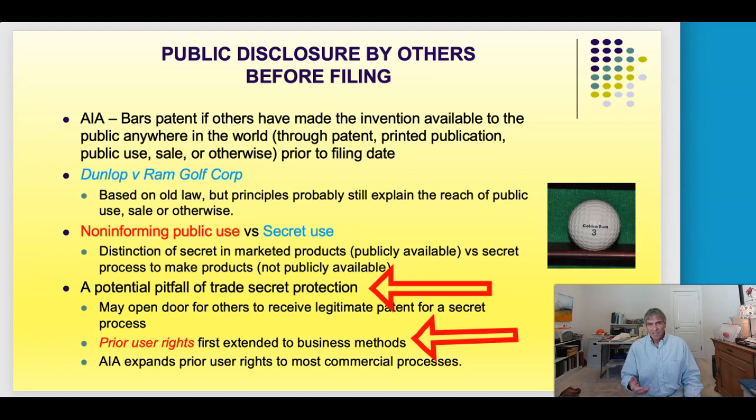So the deal is that if you make a secret use of an invention within your facilities, another company can still get the patent. But based on your prior user rights, you may have the ability to continue using the process without having to pay anything to the patent owner. And I'm going to emphasize the word may, because there are lots of exceptions and limitations that we're just not going to get into here.